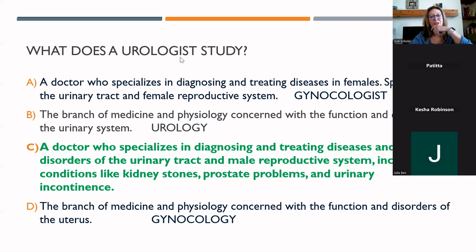It says, what does a urologist study? Letter C was the best answer, but I'll give you a letter B because at least you didn't go with the uterus. So those nuances, be very, very careful.